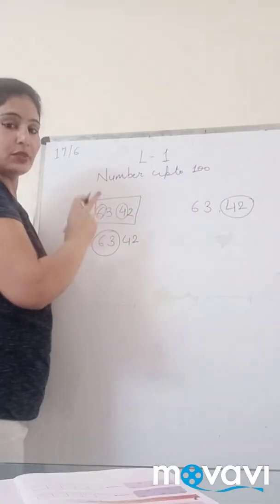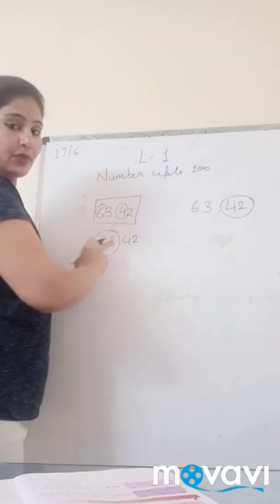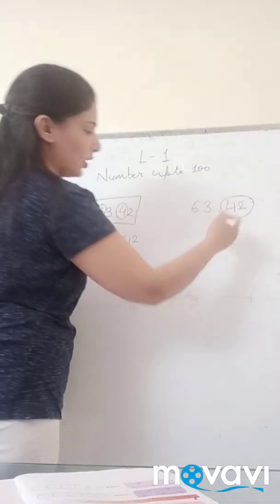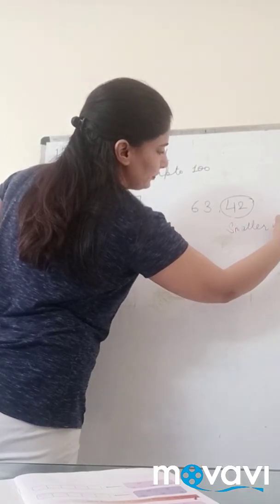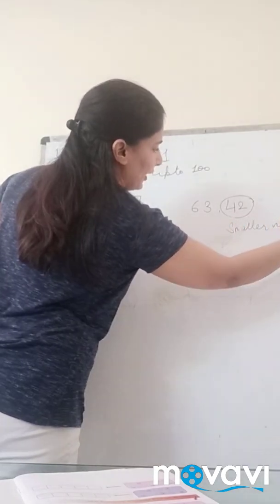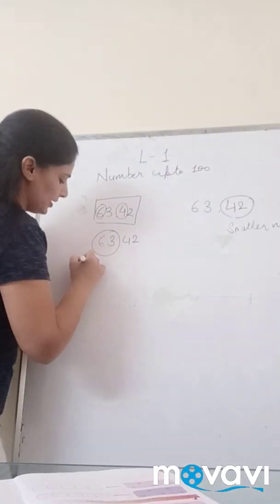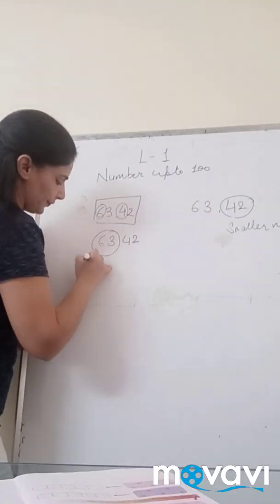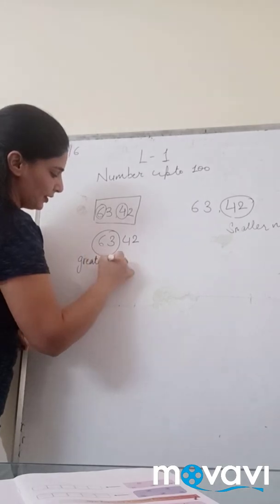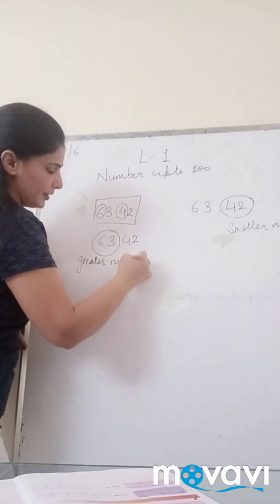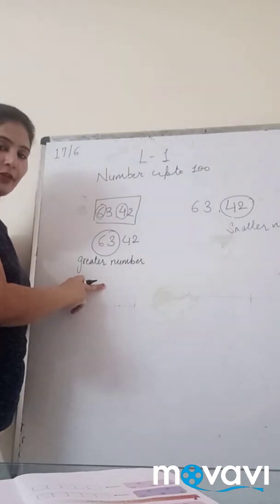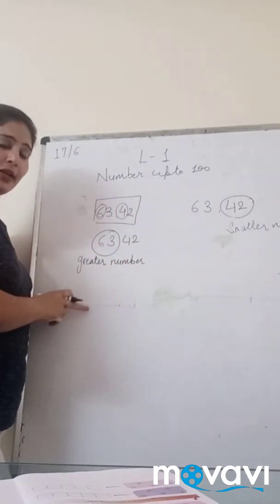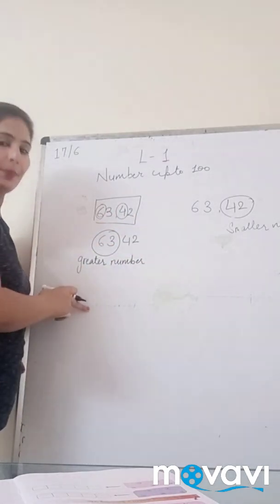In this pair, 42 is the smaller number and 63 is the greater number. In this way we can find out the smaller number and greater number from a pair.